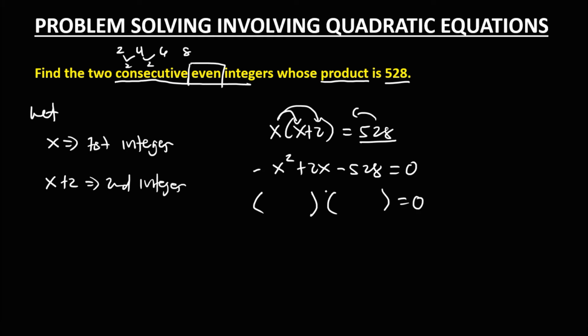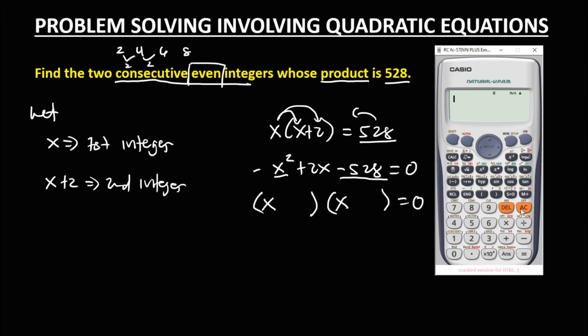So we have the factors of x squared, that's x times x, and the factors of 528. We need to find the two even integers that, when we subtract, the answer is positive 2. If we divide 528 by 22, that's 24.